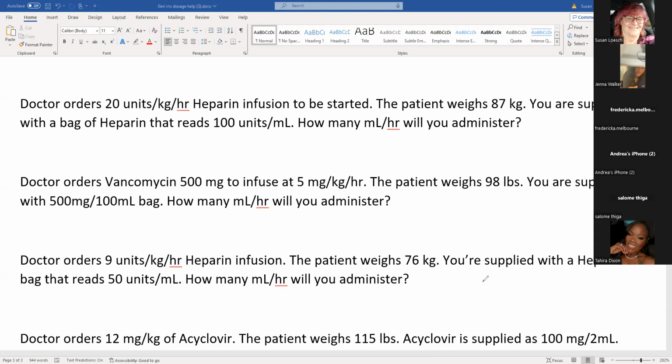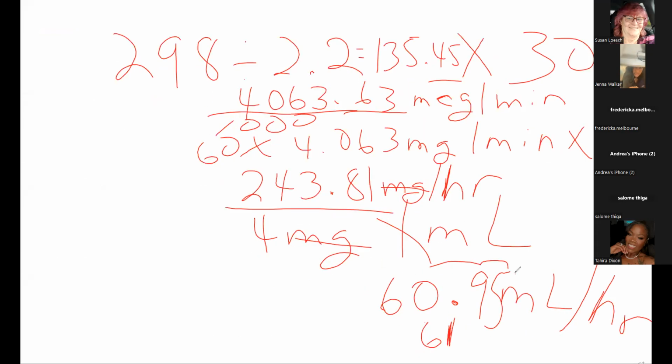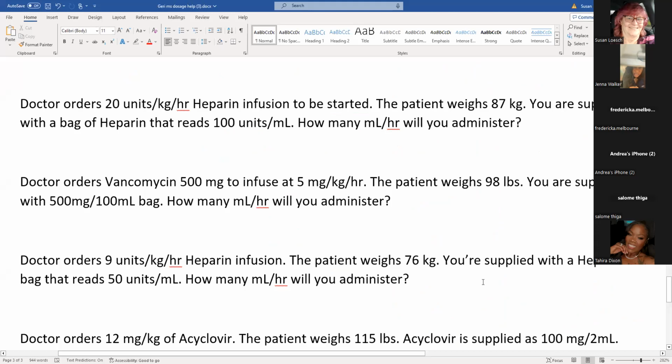Why would you multiply by 60 here? Nurse, why would you multiply by 60? Do you need to multiply by 60 here? No, because it's not asking for extra. It's not per hour, it's already per hour, yes. It's already 17.4 ordered per hour.